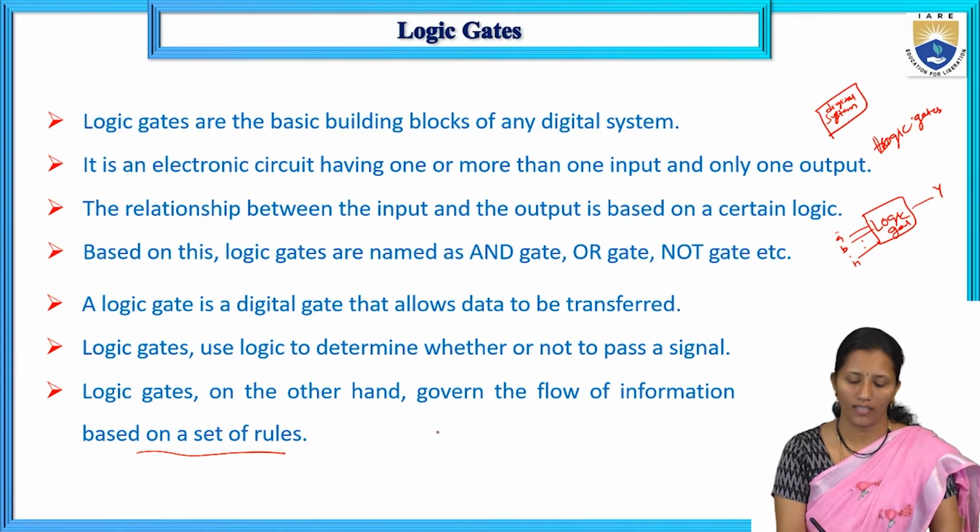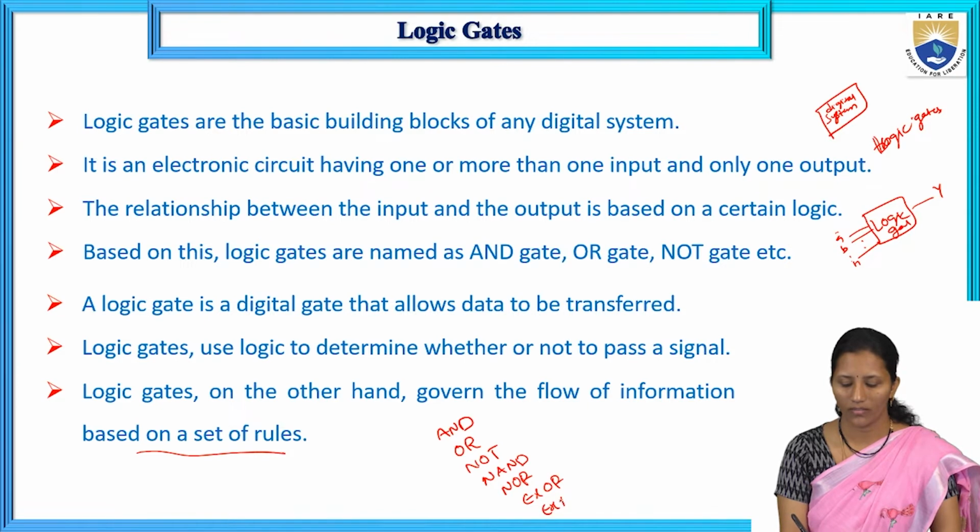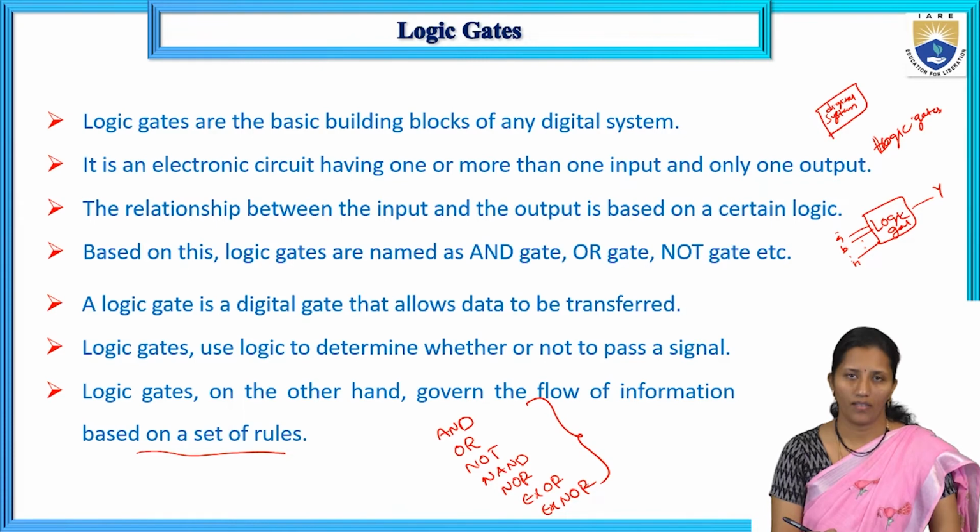Suppose we have AND gate, OR gate, NOT gate, NAND gate, NOR gate, XOR and XNOR.